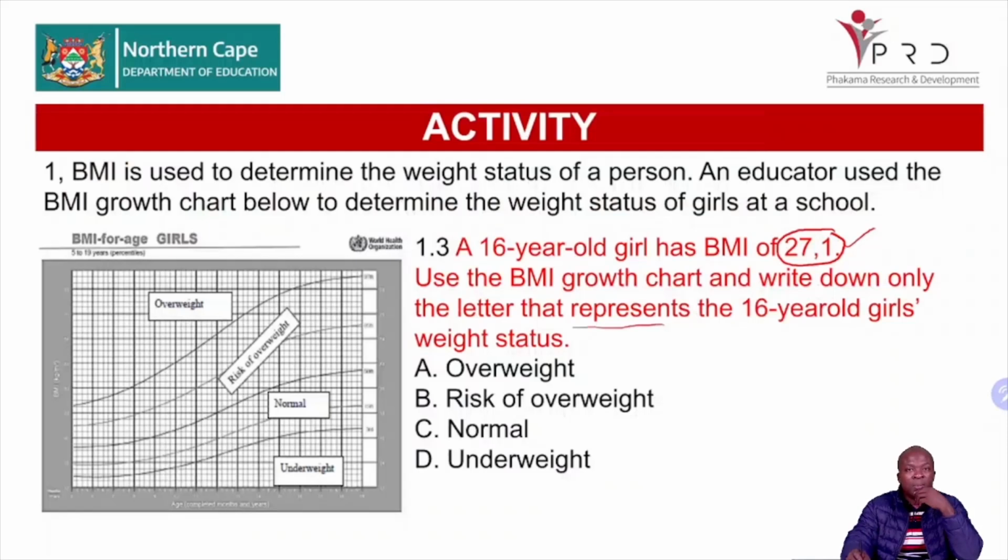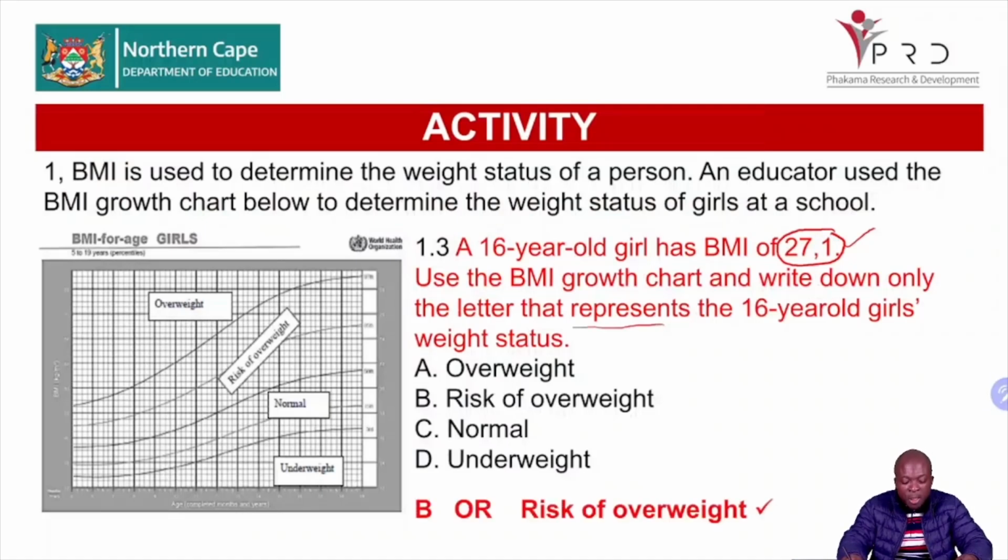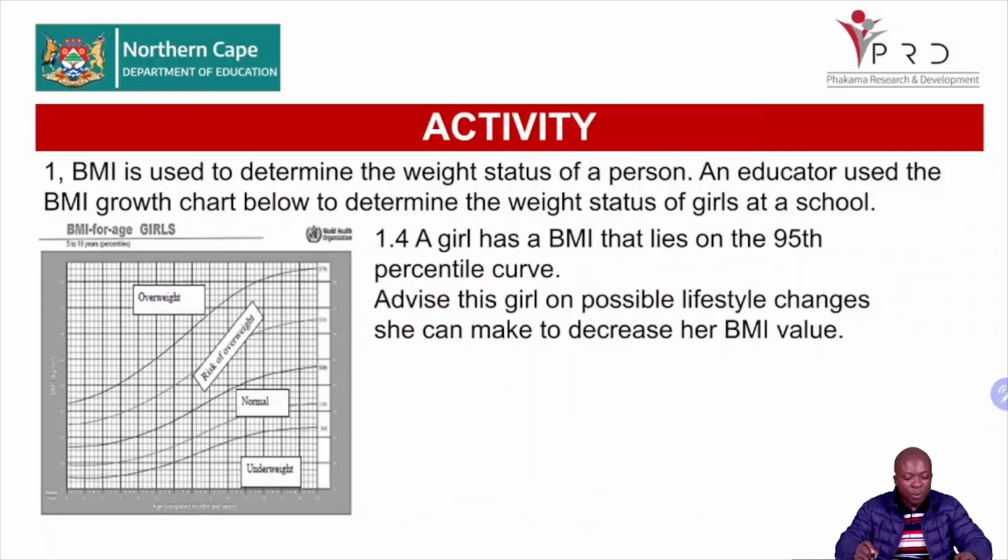Check quickly, 1 minute, and then we reveal the answer. Did you manage to get the answer? The answer is B, or risk of overweight, because the BMI is above 24.9. Remember the table again.